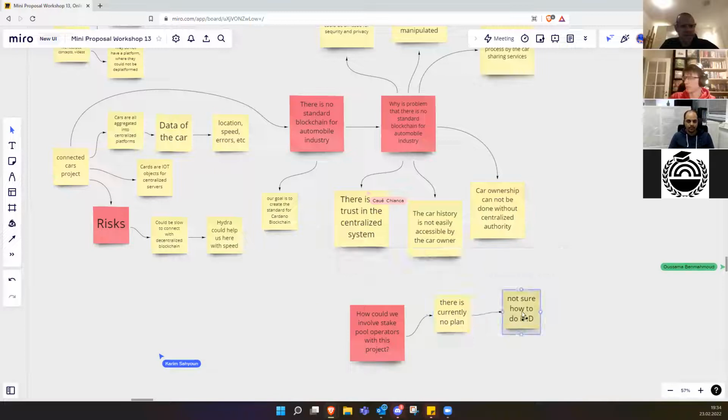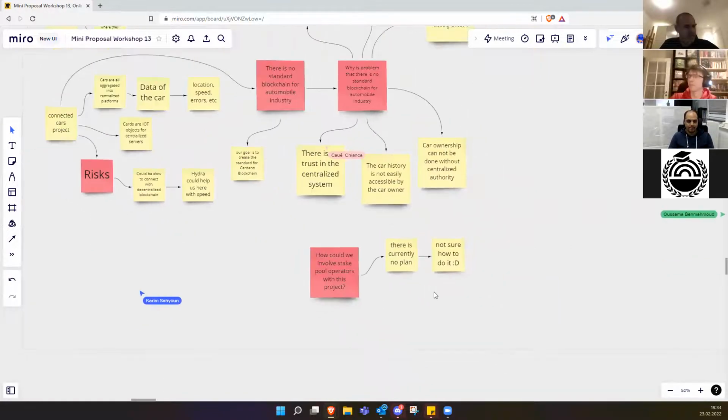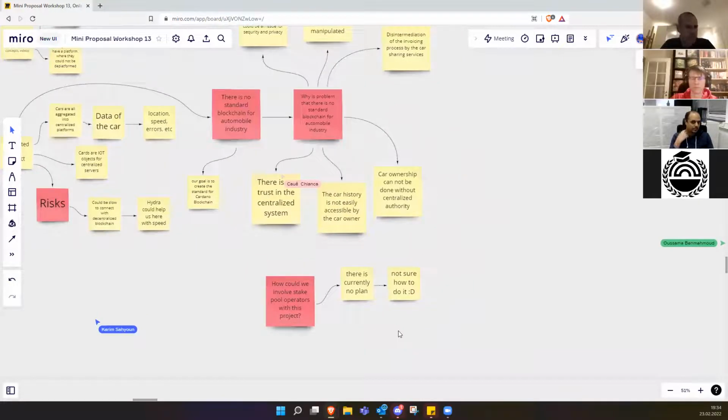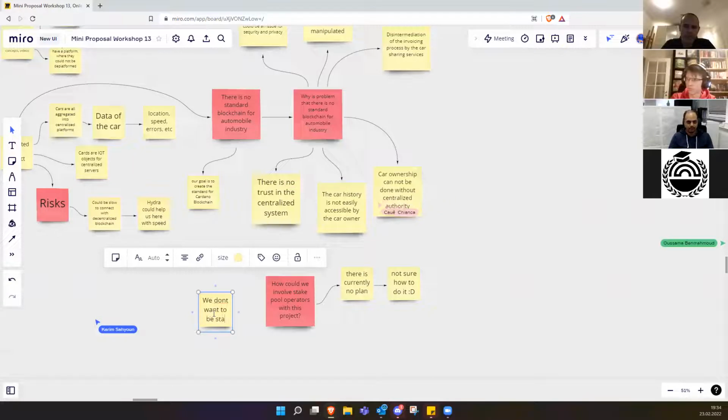Yeah, I think when we use a platform or a blockchain like Cardano, we don't want to be reliant on any stake pool operator, right? The whole concept of stake pool operators is that any operator that misbehaves can be replaced right away.